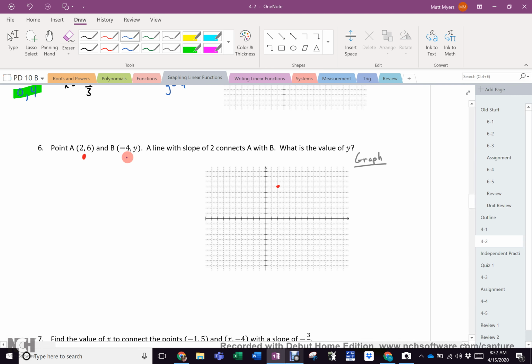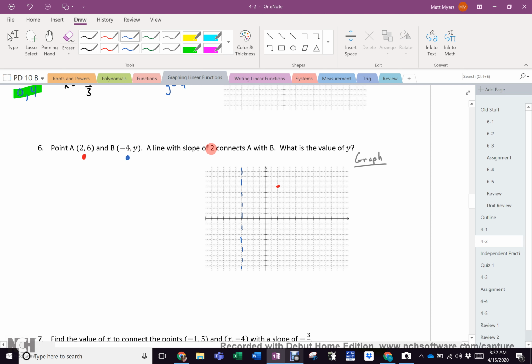Point B, which I'm going to do blue, we don't know where it is, but we know that it has an x value of negative 4. 1, 2, 3, 4. So here, somewhere on this line is where that blue dot has to be.